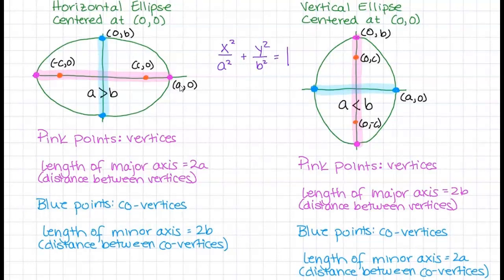In other words, a squared is b squared plus c squared. Over here on this one, now b is the longest distance. So we're going to say b squared is a squared plus c squared. So just always think about what the longer distance is, and that'll tell you which way to arrange the letters here. All right, so there's the summary of an ellipse centered at the origin.